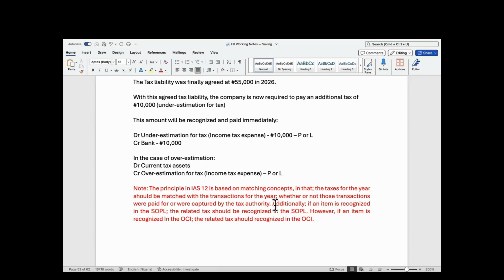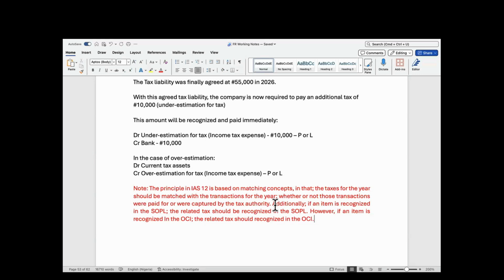So that's matching. If the item is in P&L, the tax on it should be recognized in P&L. If an item is recognized in OCI, the tax on it should be recognized in OCI.